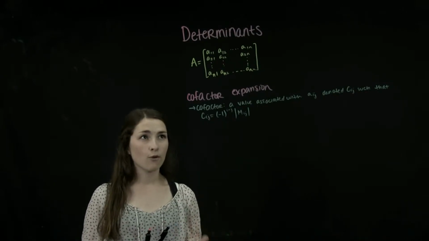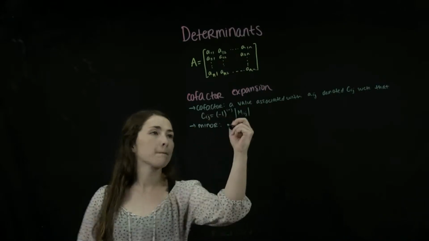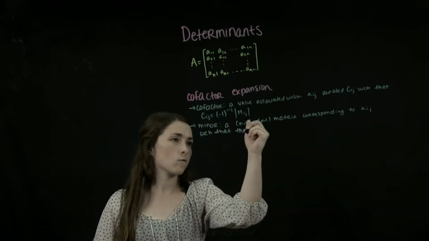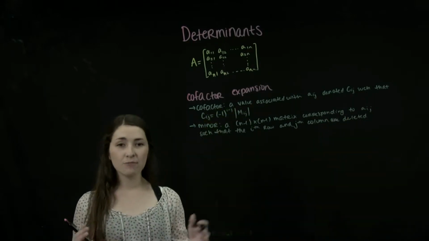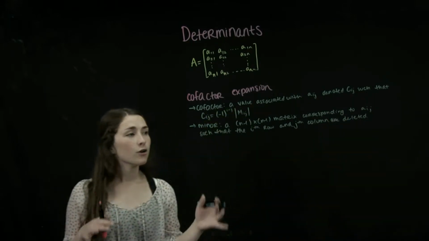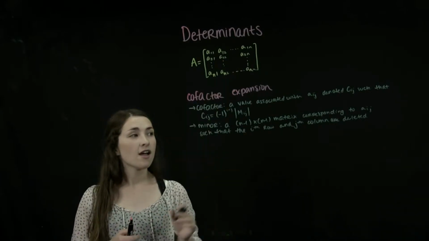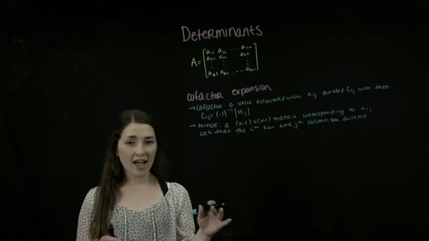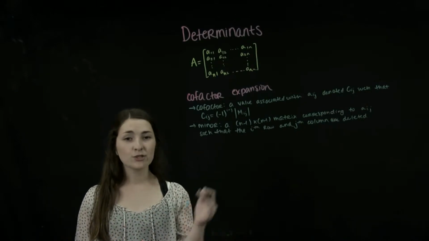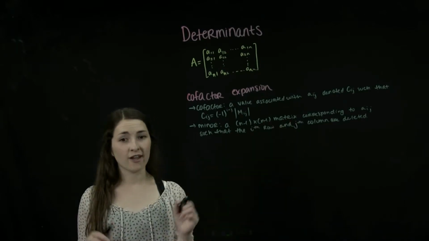Okay, wait, so what's our minor? Our minor is an n-1 by n-1 matrix corresponding to one value of our original matrix, A sub ij, such that we have deleted the ith row and the jth column. So we are deleting the row and column that this A sub ij value is in.